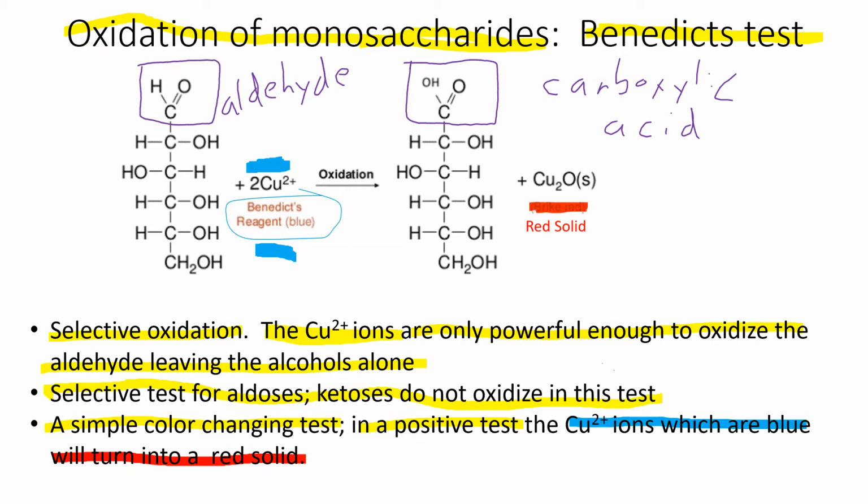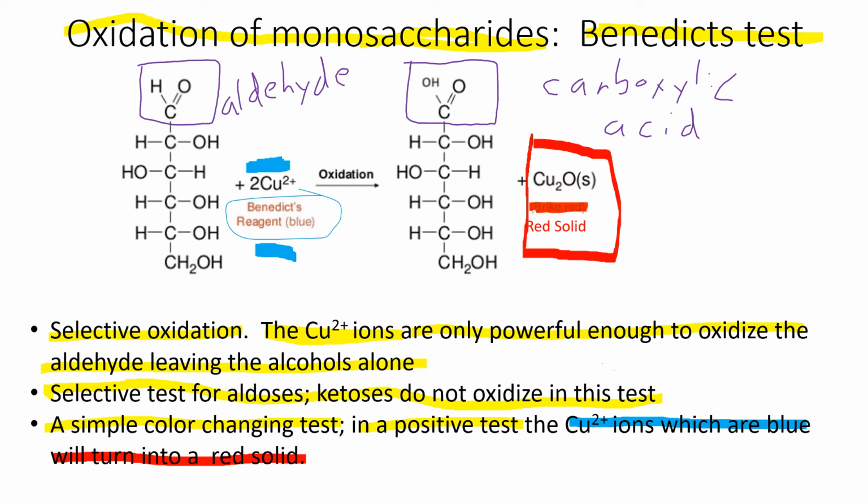Those copper plus 2 ions get changed to Cu2O. And the Cu2O, this copper 1 oxide, is a red solid. So you form a red solid, whereas before you had a blue solution. That's that very quick color changing test that you can see.